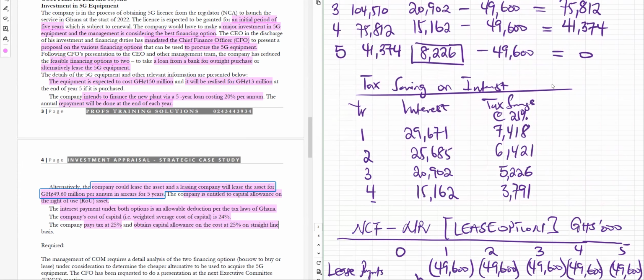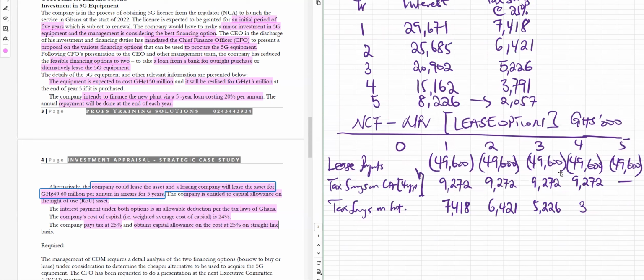The year 5 was actually 8,226 at 25%, and that is 2,057. So year 4 was 3,791, and then 2,057.